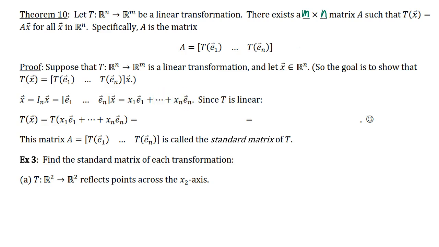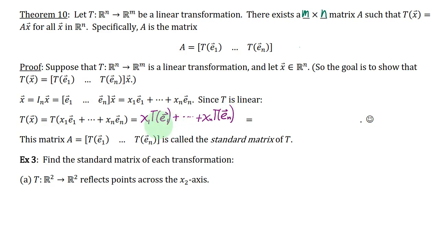And since T is linear, when you plug this in, what you're going to get is the corresponding output linear combination: x1 times T of e1 plus all the ones in the middle until you get to the last one, xn times T of en.